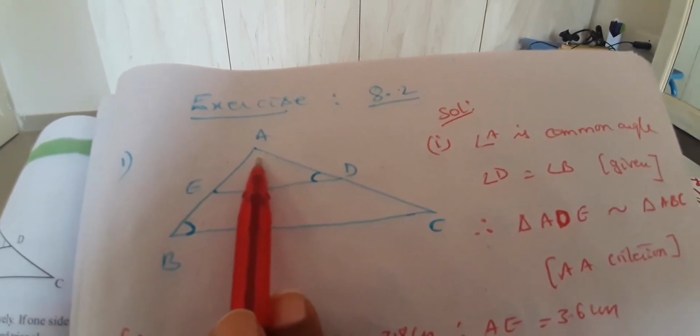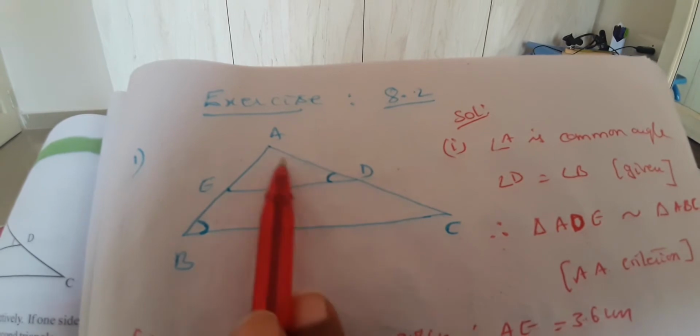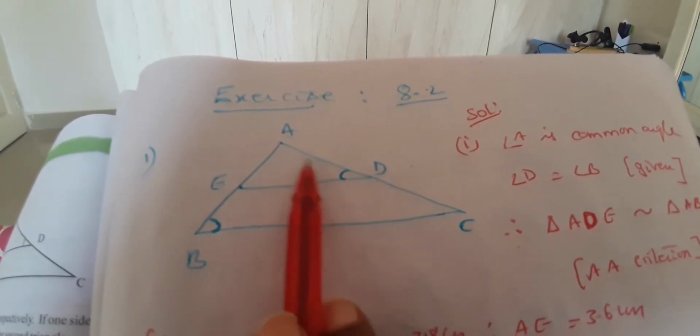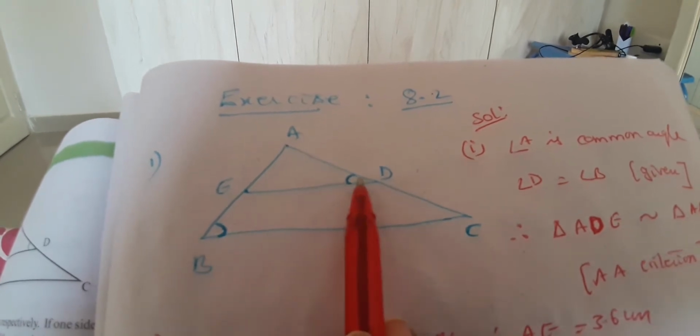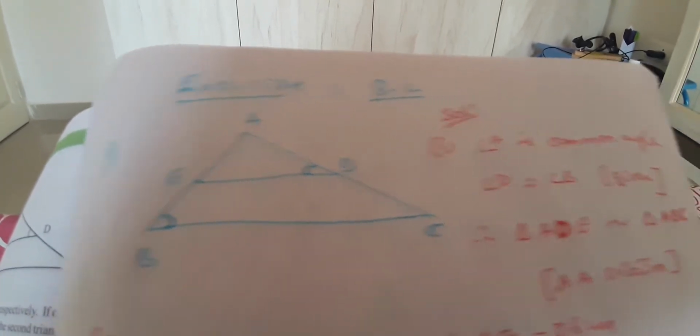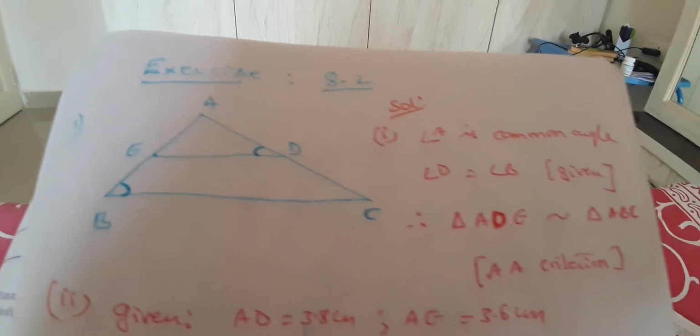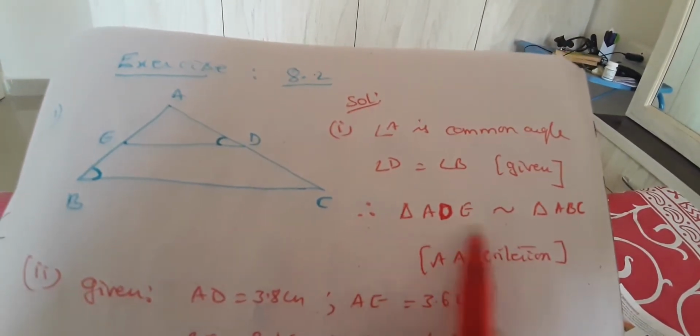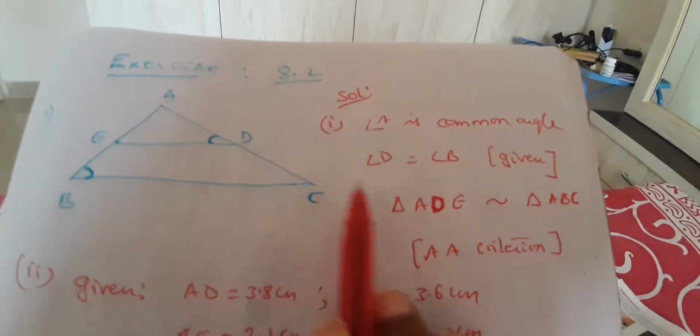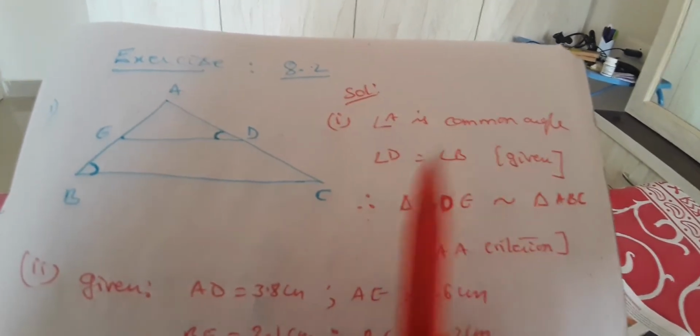That means one angle is the same in both the triangles, in the smaller triangle and even in the bigger triangle. And now it's already given that angle B is equal to angle D. That means two angles are the same in the two given triangles. So from the angle criteria, you can say that this is similar to this. So how to write it down? Angle A is the common angle.